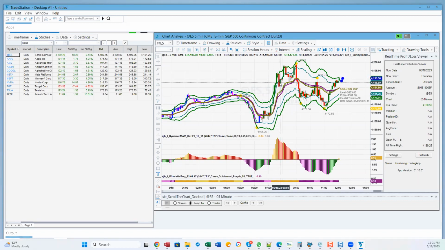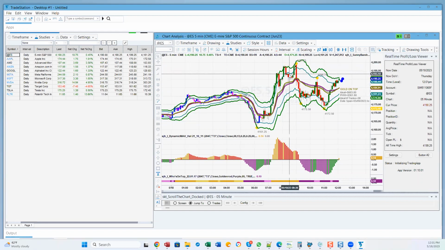I take profit. I don't go short on this one because the gold line is on top and it's moving strongly upward. So I'm just going to stay with that, but I will get out here and take profits and then get back in when it crosses the inner band.